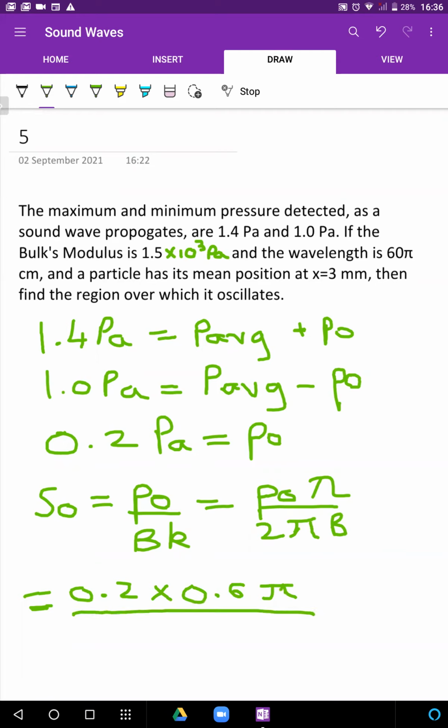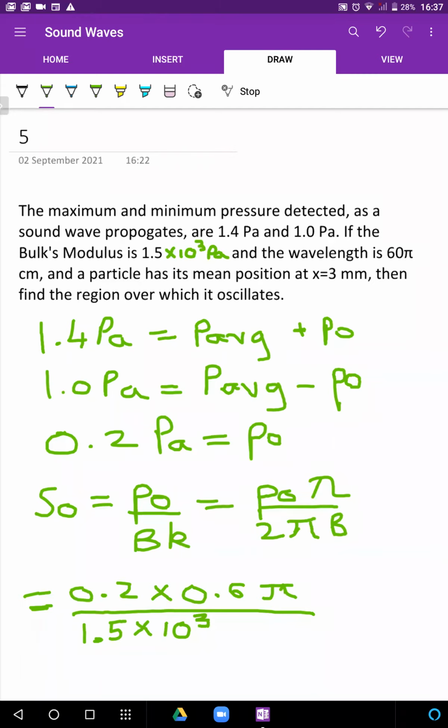B is 1.5 into 10 power 3. Normally B is not this large. B is anyways 1.5 into 10 power 3.